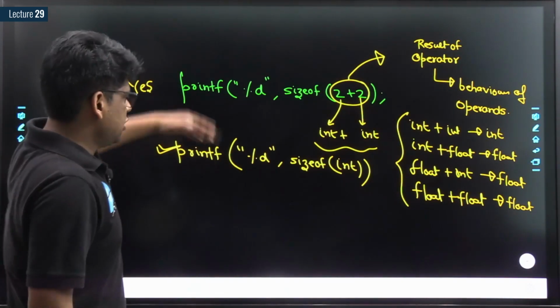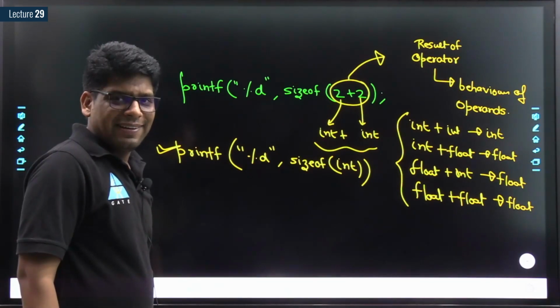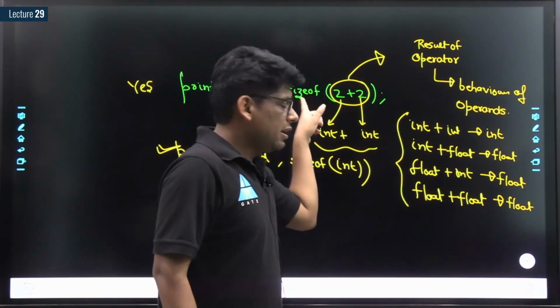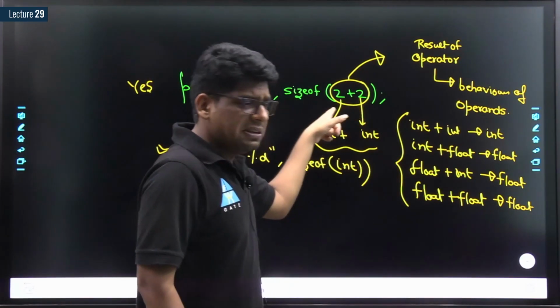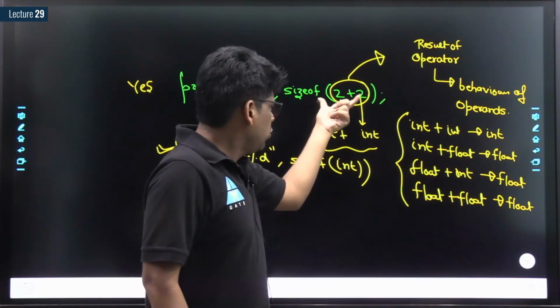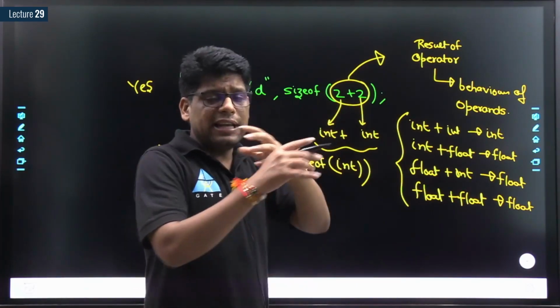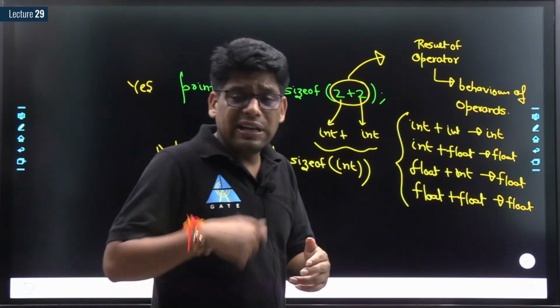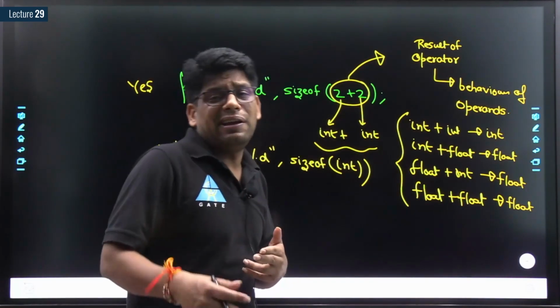So if this is okay, this must be okay. But the important thing to note down is, sir, sizeof is never going to evaluate this. Whatever you provided, whether it is an expression or a long expression, sizeof is never going to evaluate it.